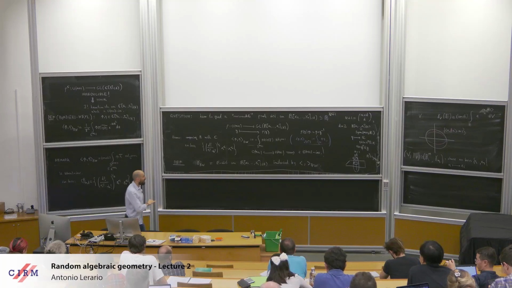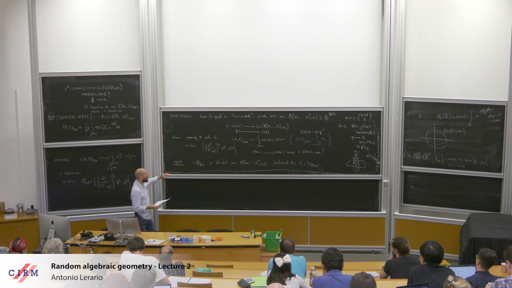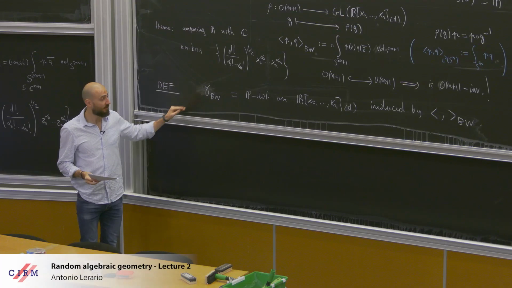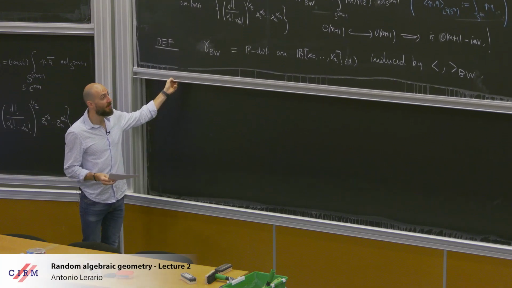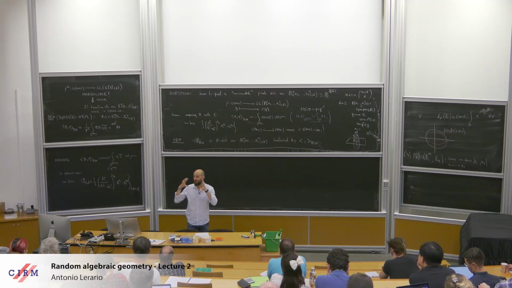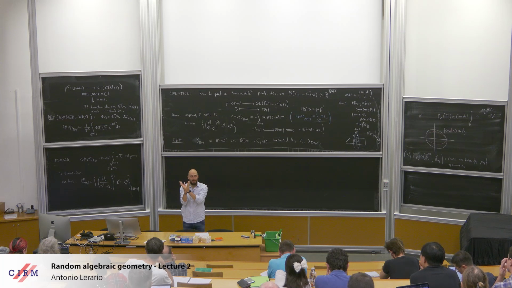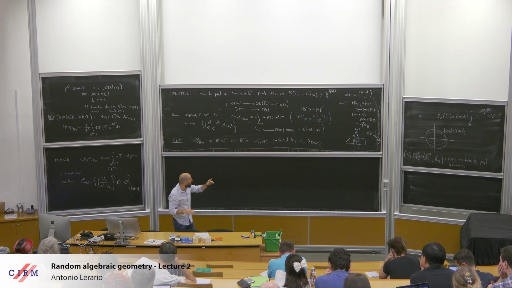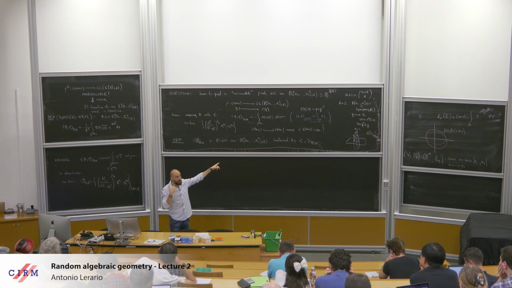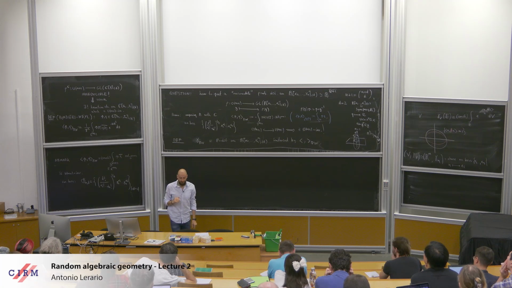And for the rest of the course, I'm just going to think about this probability distribution. So if you want, I've chosen a reference sphere inside my space of polynomials. And whenever I'm going to measure some set in my space of polynomials, if it is a cone, I just need to measure the volume that this set takes in the sphere with respect to the Bombieri-Weil scalar product. And this will be good because it allows comparisons with complex algebraic geometry.